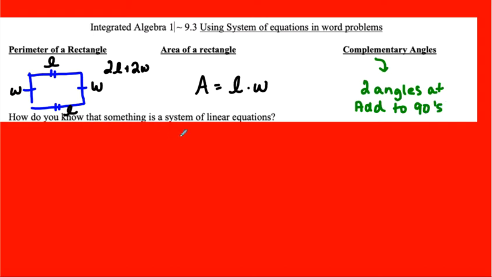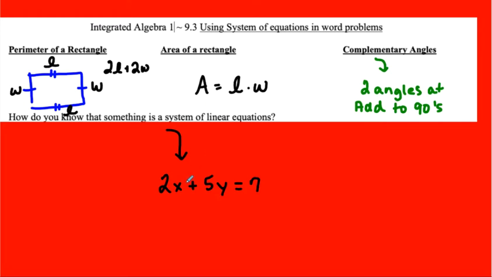So how do you know in the first place if something is a system of linear equations? Well, if you have an equation that has 2 variables, such as 2x plus 5y equals 7, that's a function, and you can't solve it by itself. You need an input and an output.